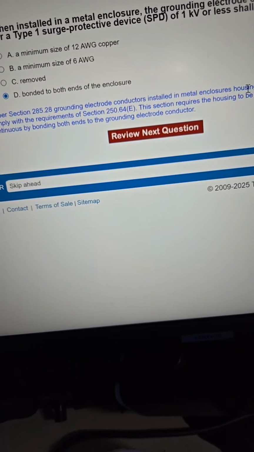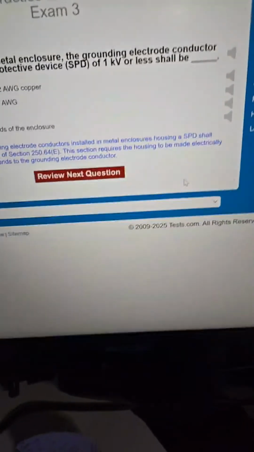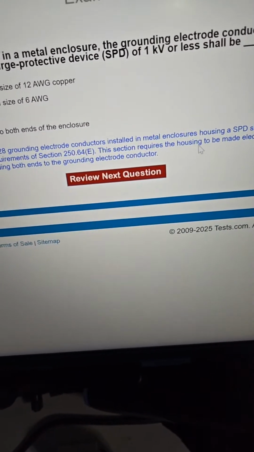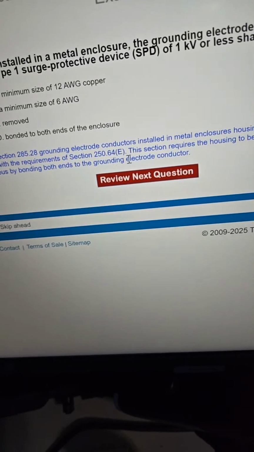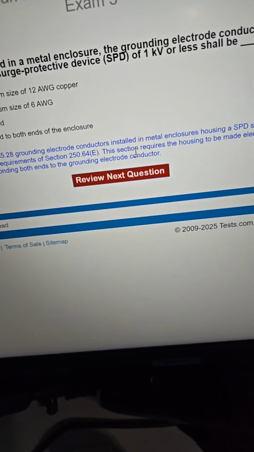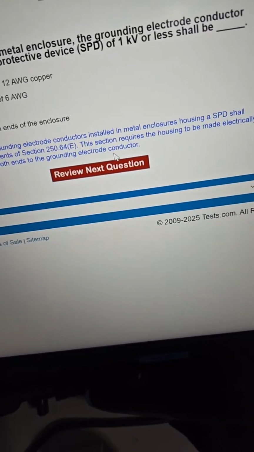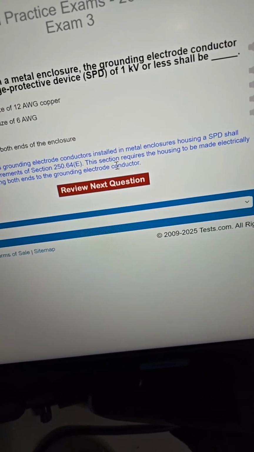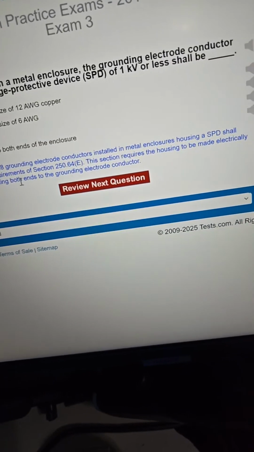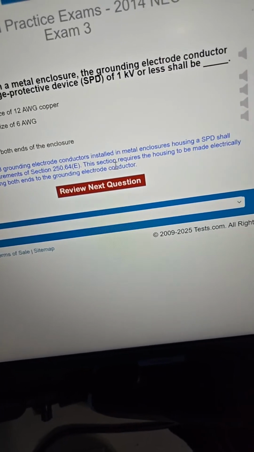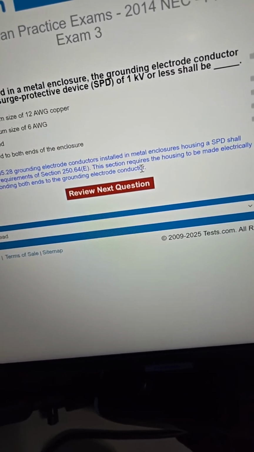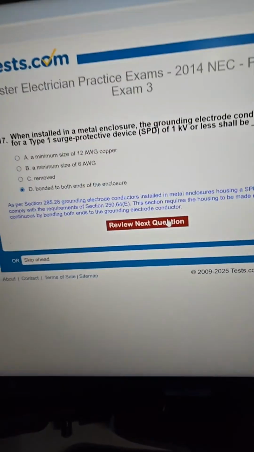So if you have a surge protection device with a metal enclosure and you run a grounding electrode like a ground rod, which I don't know why you would, but if you did, you would have to bond both ends of the grounding electrode conductor. I still don't understand that question.